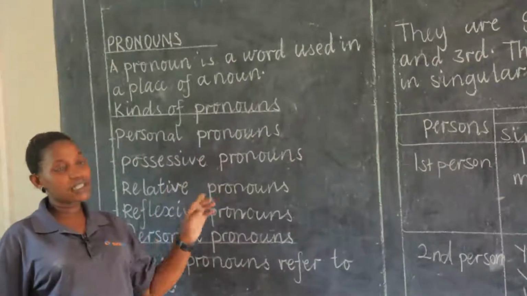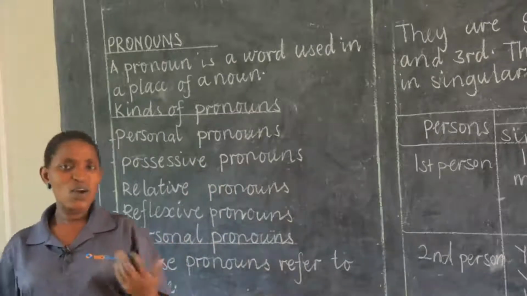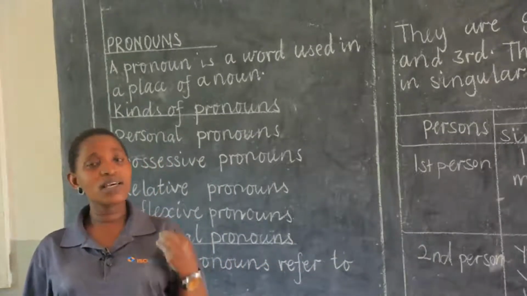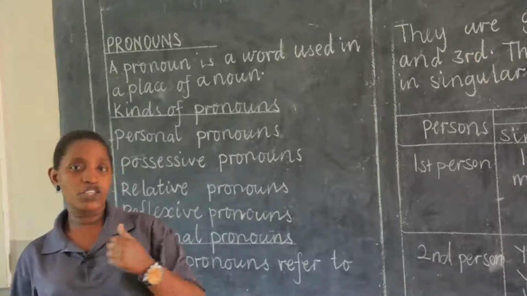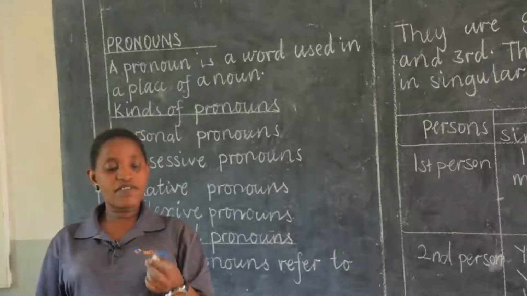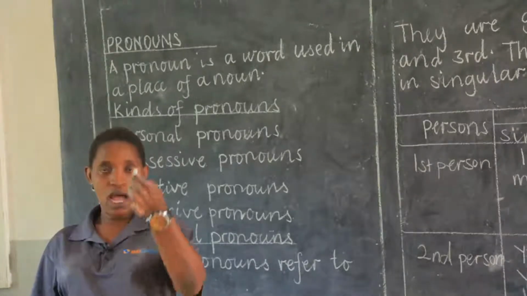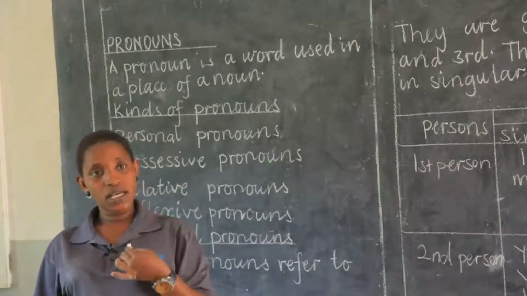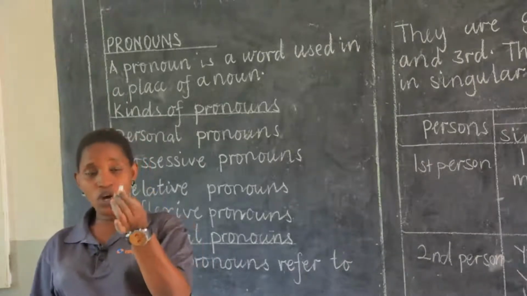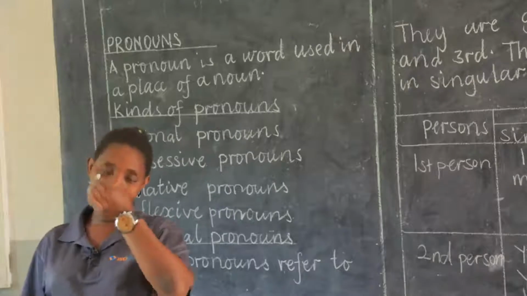Then we have possessive pronouns. What are possessive pronouns? These are pronouns that show ownership, that show possession. When I'm having this piece of chalk, I am possessing it. So when I am talking about me, I'll say, this piece of chalk is mine.